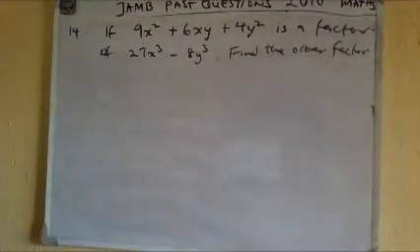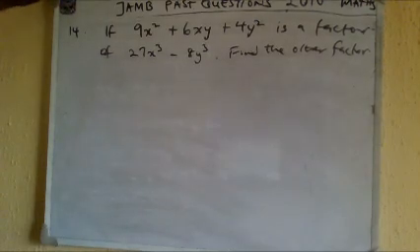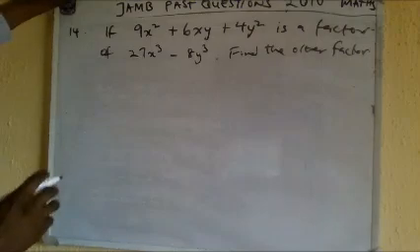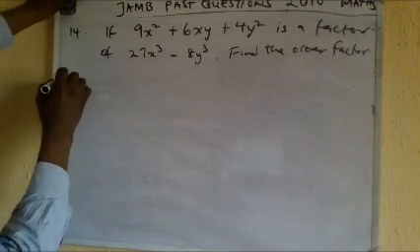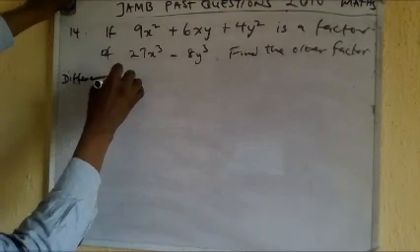Okay, so you look at this. You know, JAMB has a way of repeating some topics. If you look at this one, it actually has this form. They call it difference of cubes. You know, difference of two squares, it's also difference of cubes.